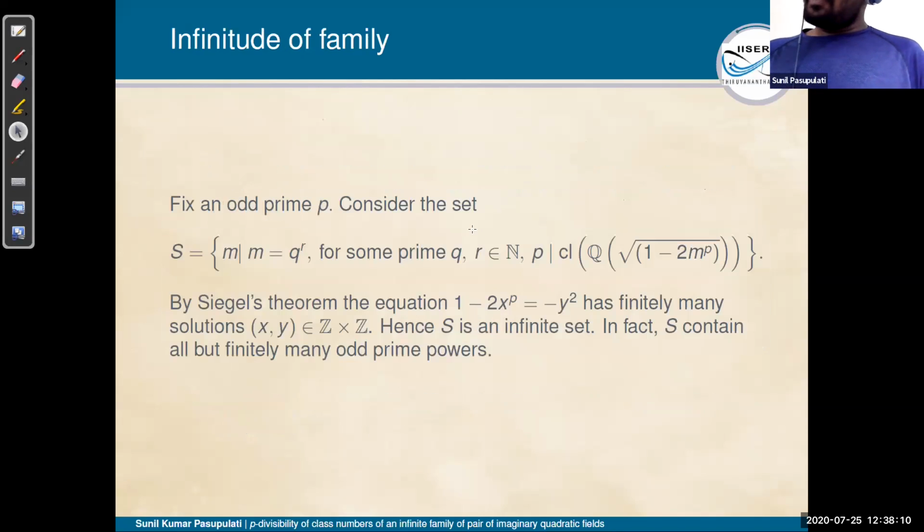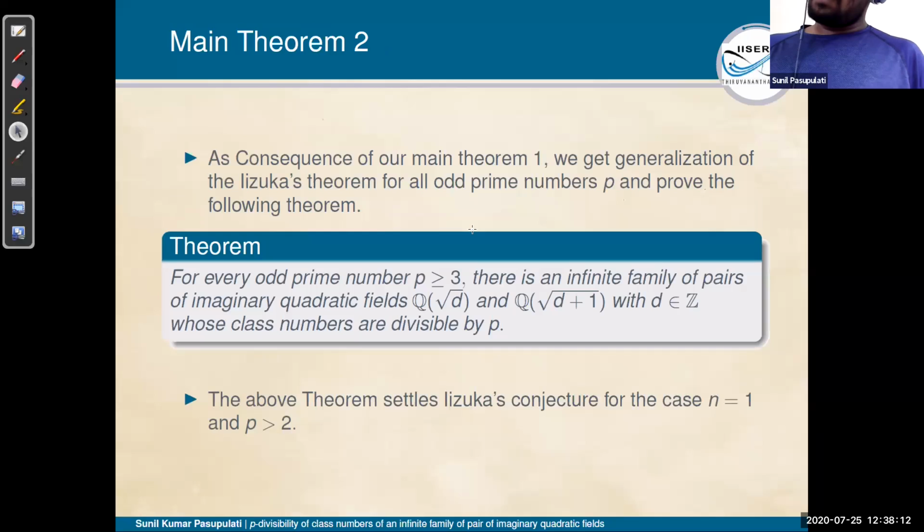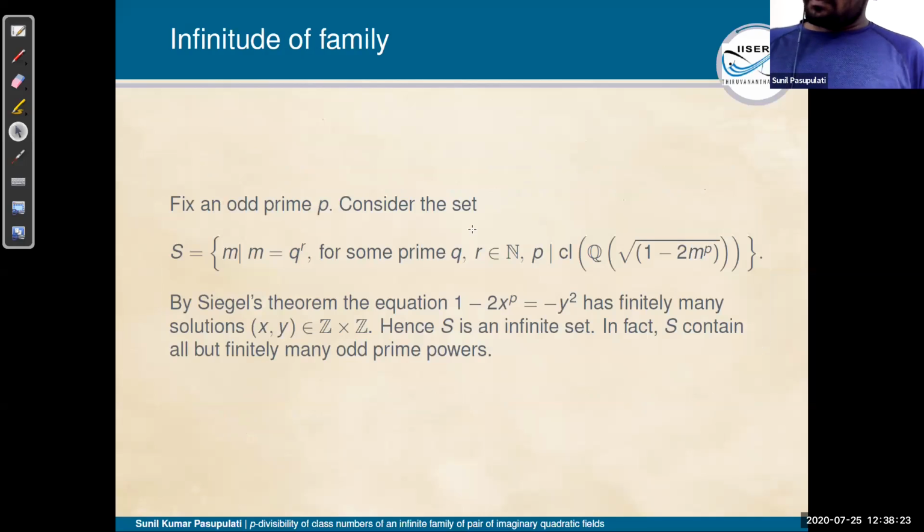Before getting into the proof of this theorem, we'll just check the infiniteness of the family that I gave in main theorem 1. Consider the set S of all m such that p divides the class number of Q(√(1-(2m)^p)).